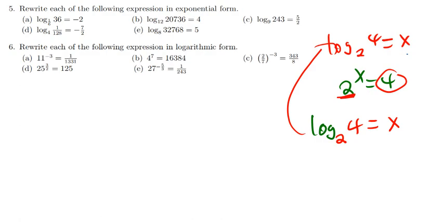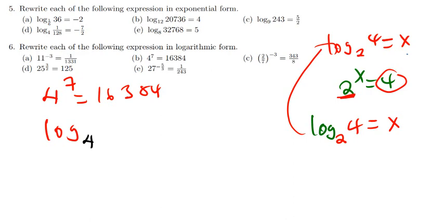Yes, sir. Now, I've used question B, which is 4 raised to the power 7 equal to 16,384. Let's take it back to log. We know that we need first to write log. What will be the base, Esther? The base will be 4.